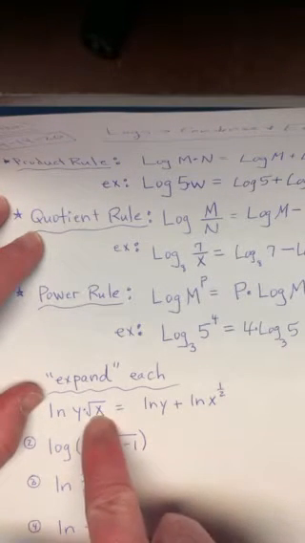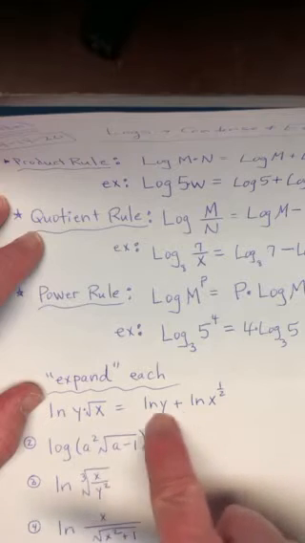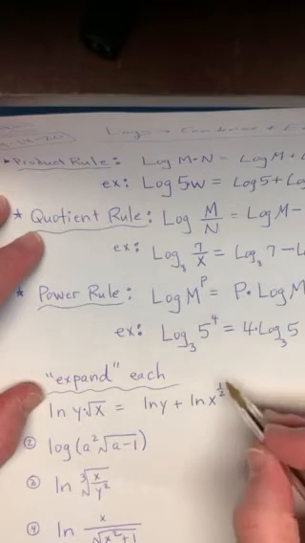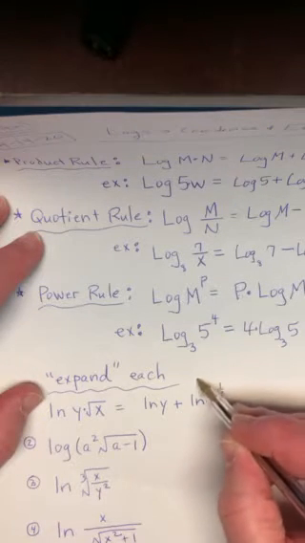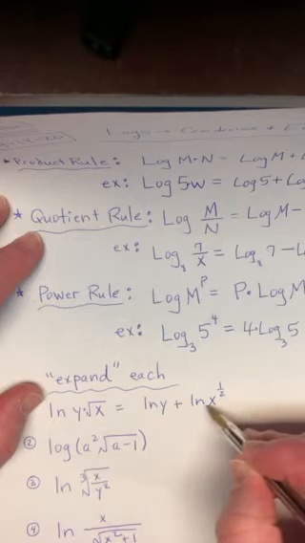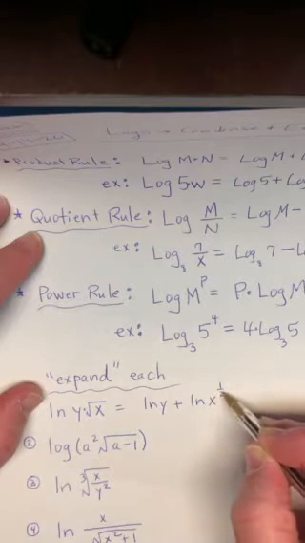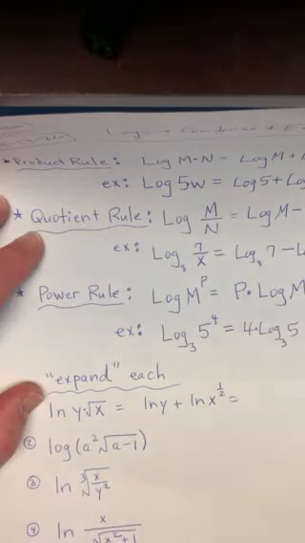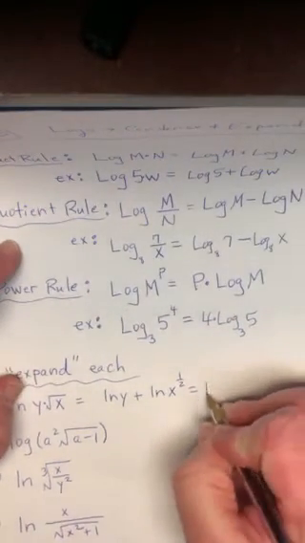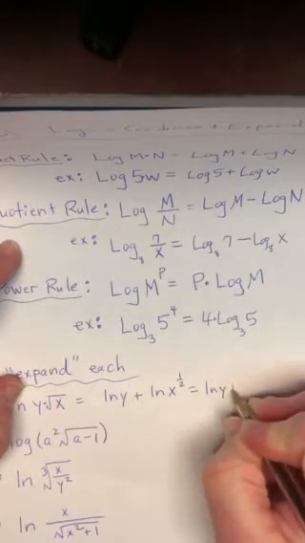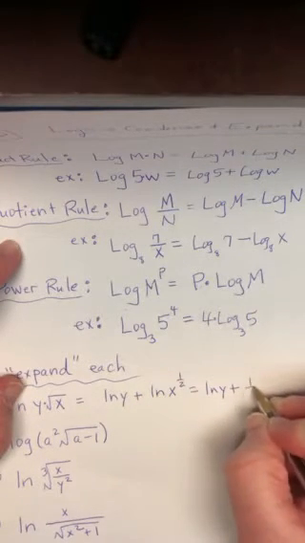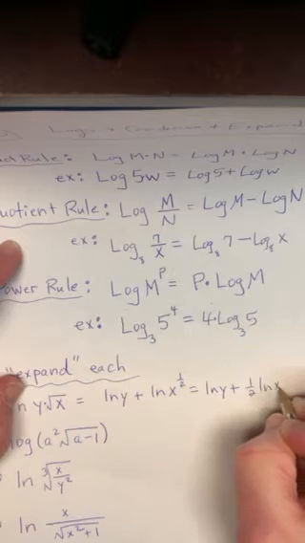Even though I successfully applied the product rule and turned it into ln of y plus the ln of radical x, this power can now get placed in front of this ln and follow the power rule. So expanding one step further, I end up with ln of y plus, move the power out in front, 1/2 ln of x.